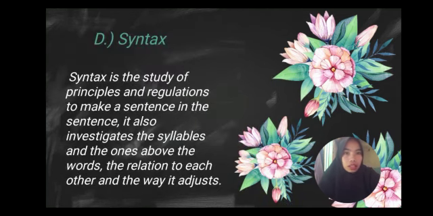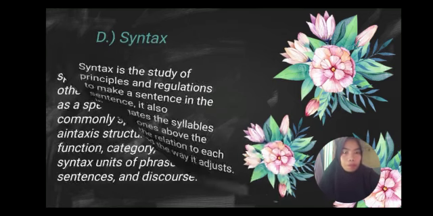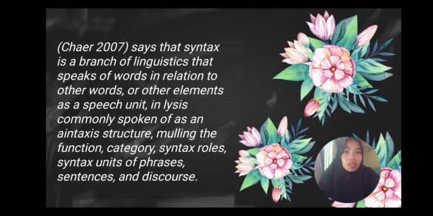D. Syntax. Syntax is the study of principles and rules for making sentences. It also investigates the words and units above the word, their relation to each other, and the way they are arranged. Chaer 2007 says that syntax is a branch of linguistics that speaks of words in relation to other words or other elements as a speech unit.